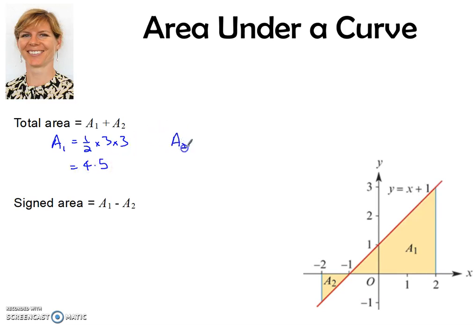A2 is also half base times height, except the base is 1 and the height is 1, so that's 0.5. So the total area A1 plus A2 is 5, but the signed area will be A1 minus A2, and that is 4. So now we face the interesting problem where we have the same question but two distinctly different answers. Which one is the one that we actually need?